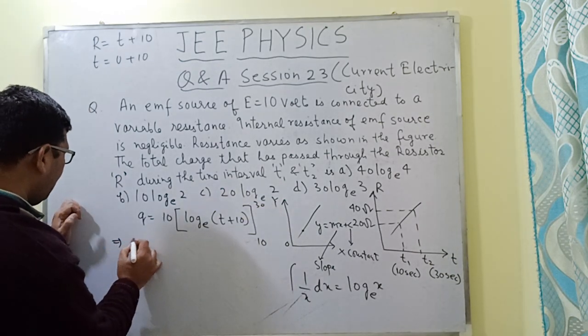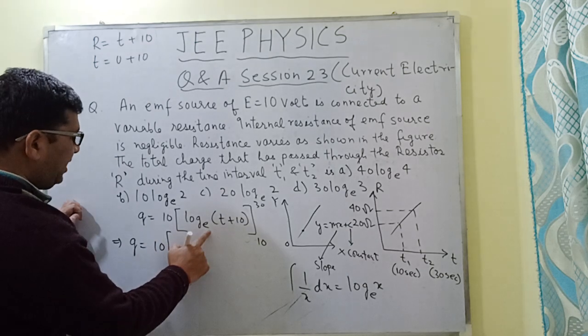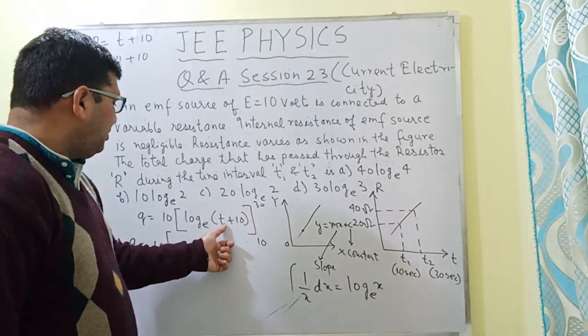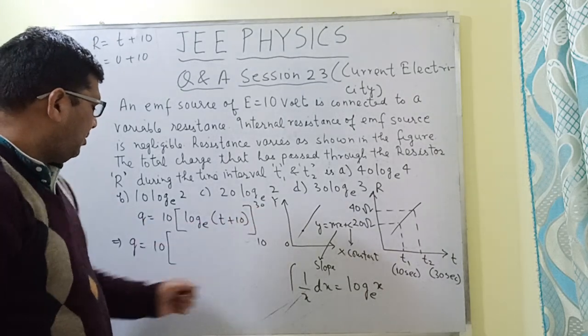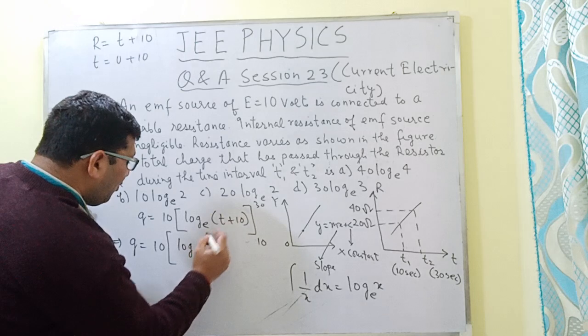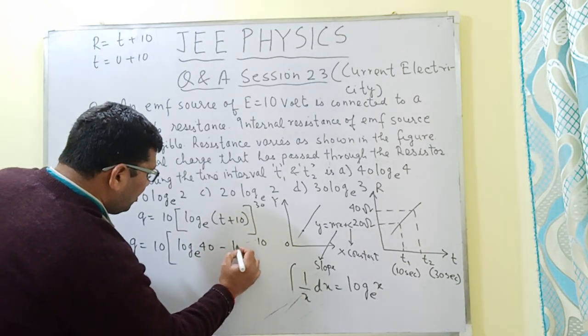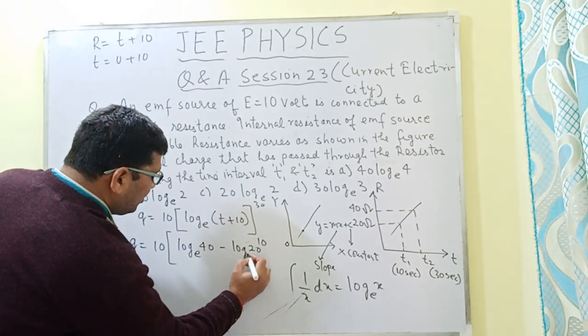So it implies that q is equal to 10 log e. Now I will be substituting the value of t as 30, so it will be equal to log 40 to the base e minus log 20 to the base e.